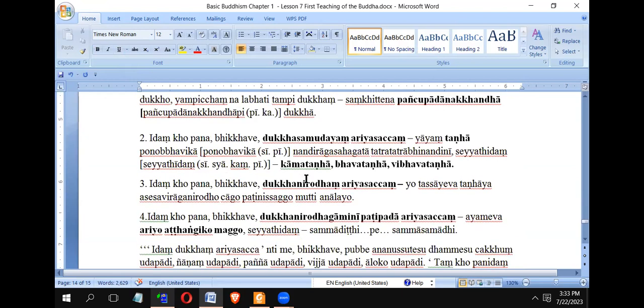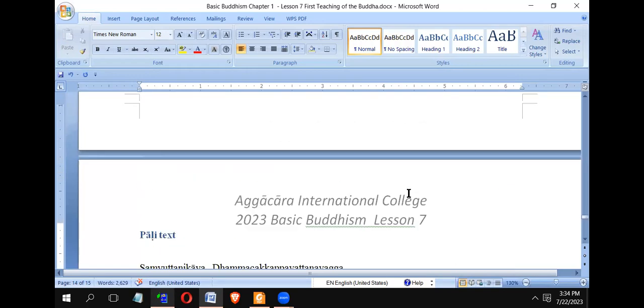Idang kho pana bhikkhave dukkha nirodho ariya saccam, yo tassa yeva tanhaya asesa viraga nirodho cago patinissago mutti anālayo. The main thing here is that tanha is feminine. The craving, asesa, without remaining, viraga, cessation without remainder of the craving.